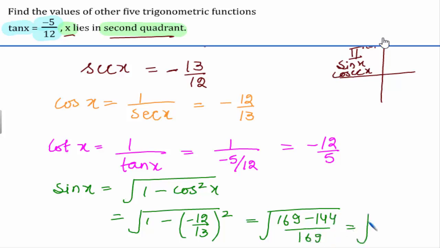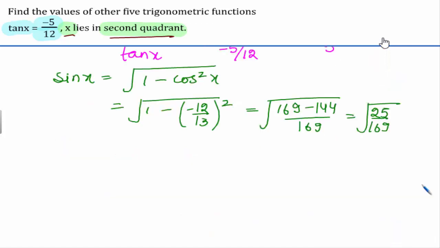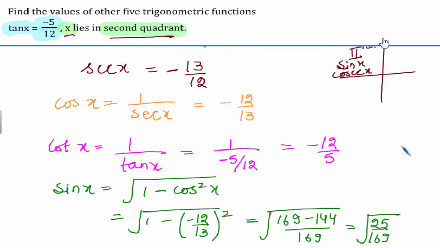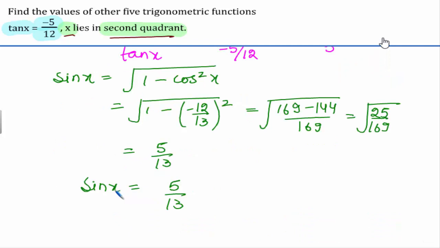So this is equal to square root of 25 upon 169, which is equal to 5 upon 13. Therefore, sin x is equal to 5 upon 13. Now since x lies in the second quadrant and in the second quadrant sin x is positive, therefore sin x is 5 upon 13.